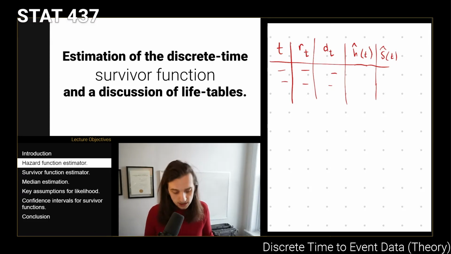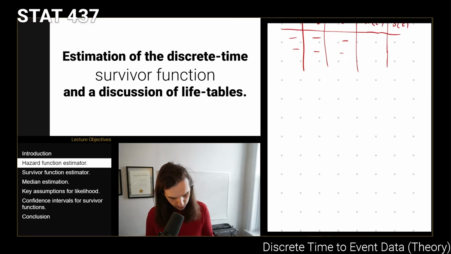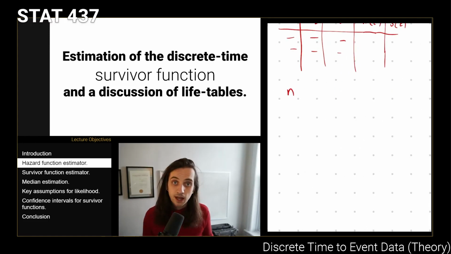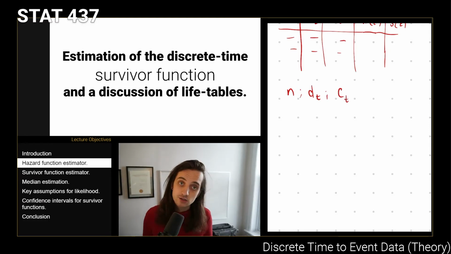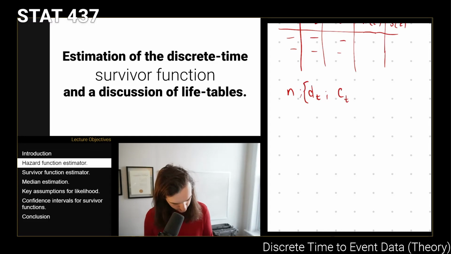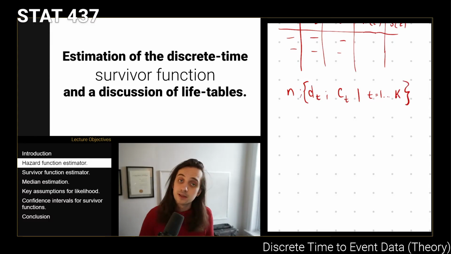And in fact, if you know the total number, and you know the number who are at risk at each time, the number of events that happen at each time, and you know how many people are censored at each time, then that's actually all of the information that you need as well. So you take this for t equals 1 up to, say, capital K as the end.